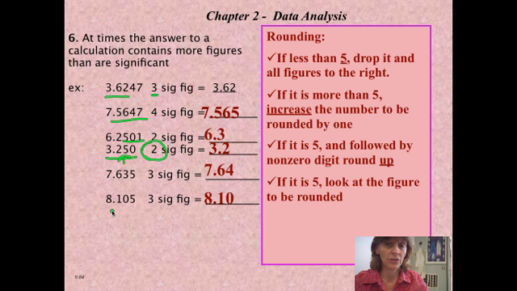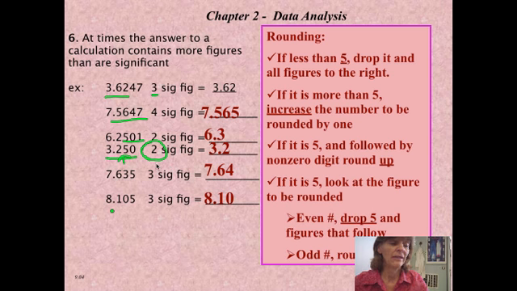And if it's 5 just by itself, look at the figure to be rounded. If it ends in an even number, you drop the 5 and the figures that follow it. In this case, you're going to drop the 5 and the 0. In this case, 6.64, you're dropping the 5 here.